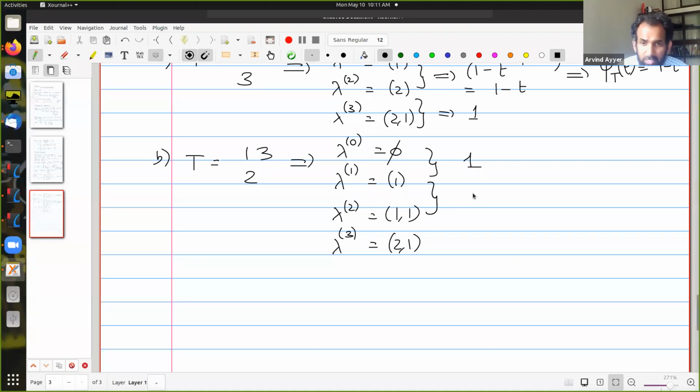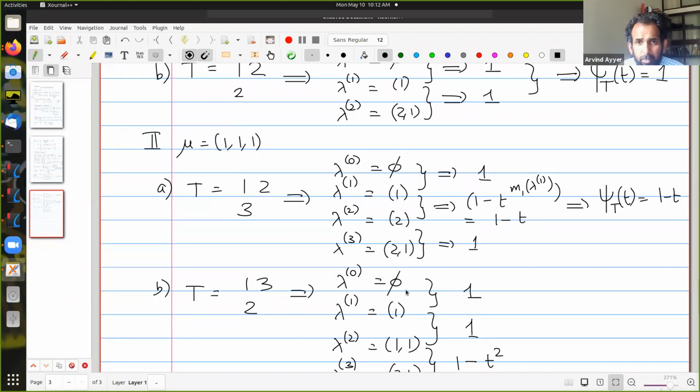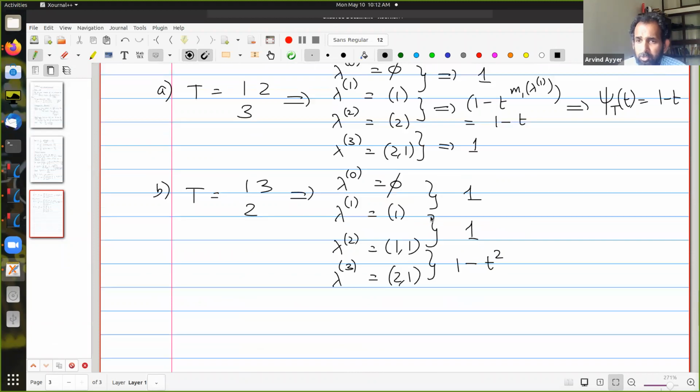Here also you will get a contribution of 1. And here you will get a contribution of 1 minus t squared. Okay. And so the theorem says we have to sum over all tableaux. And so this guy will give us psi t of t is 1 minus t squared.